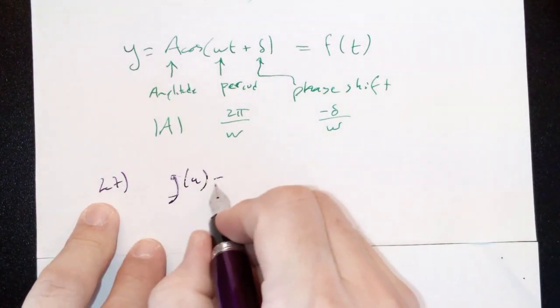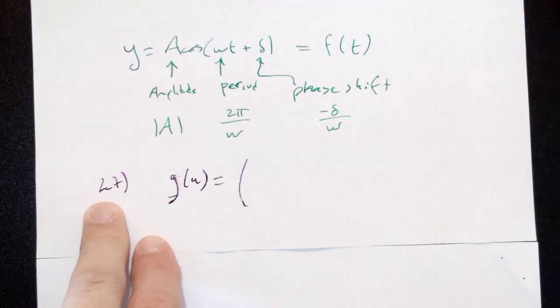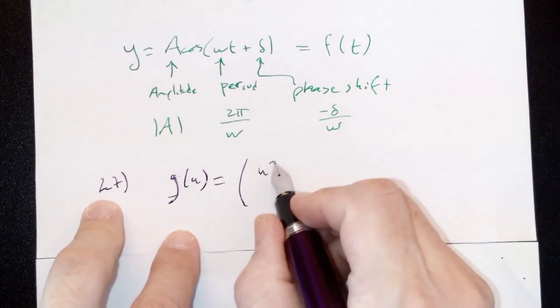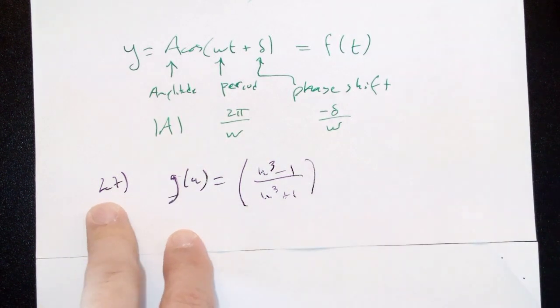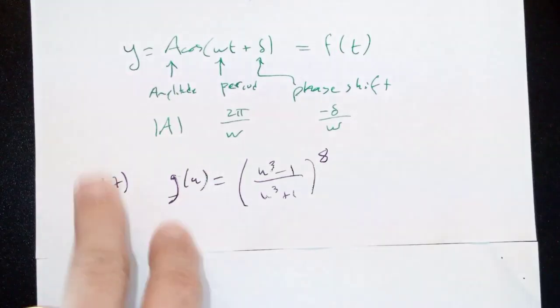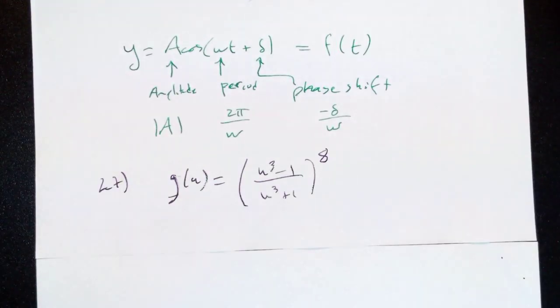g of u equals big ugly thing in parentheses, u to the third minus 1 over u to the third plus 1, all raised to the 8th. The only difference between this problem and the problem you're asking me to do is that you've got a root, but I can convert a root to a power.